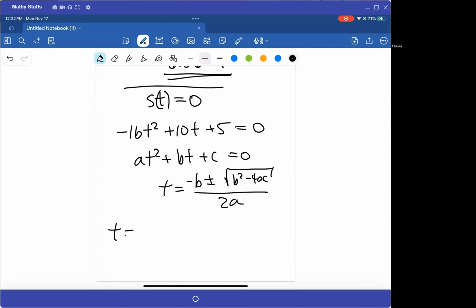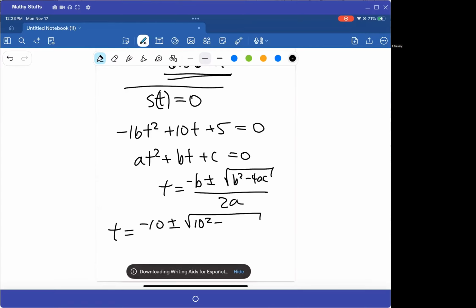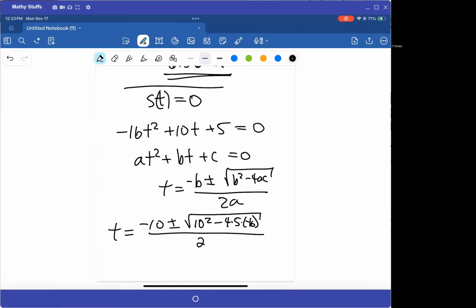So what we get out of this is negative 10 plus or minus square root of 10 squared minus 4 times 5 times negative 16, all over 2 times negative 16.